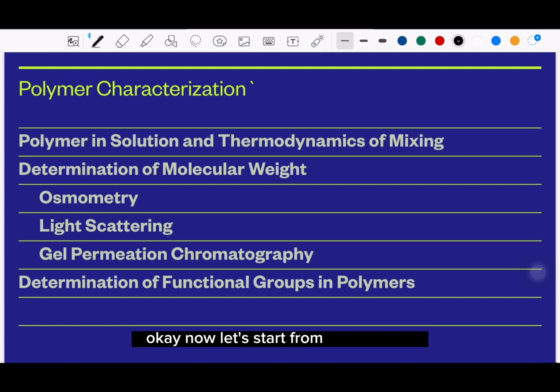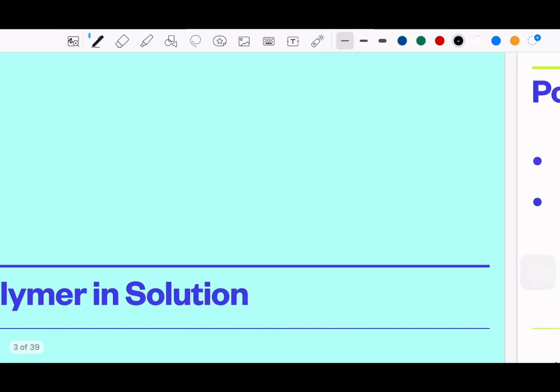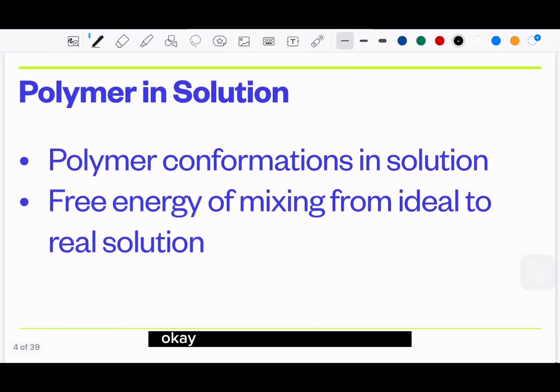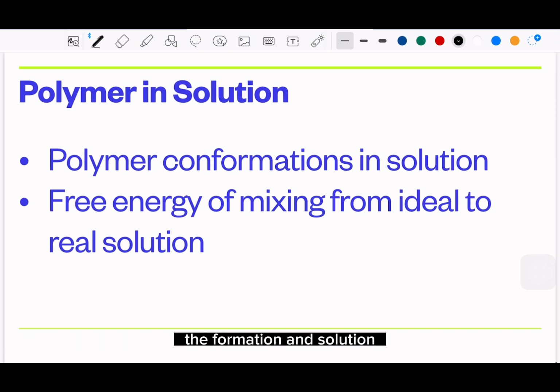Okay, now let's start from the first one. We need to understand polymer in solution and thermodynamics of mixing. There are 2 things I would like to describe within this topic. We are going to see the polymer itself, its formation in solution, and how we model the polymer.